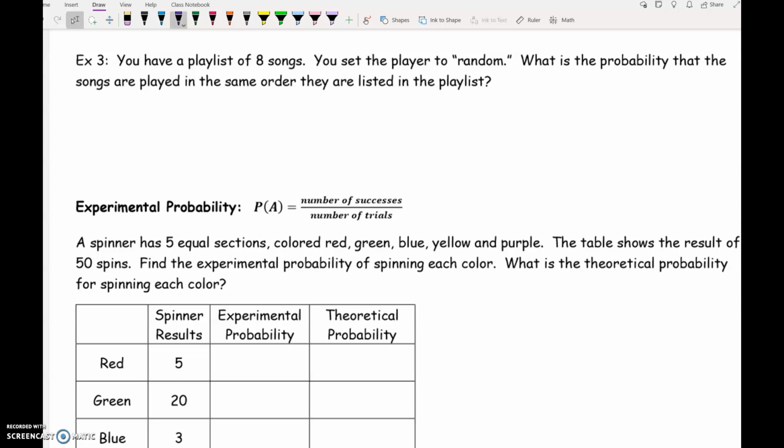So, 8 songs, we want to find out, first of all, how many ways could those songs play? That's a permutation. That's 8 factorial. So do 8 factorial to find how many ways these songs could be played.